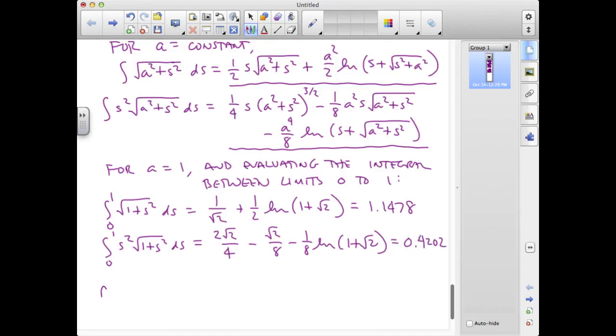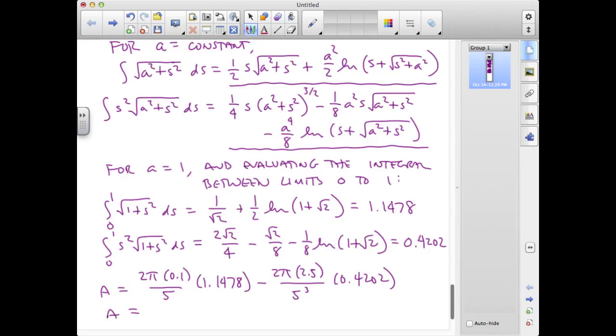So back to our area, we had 2 pi times 0.1 over 5 times now 1.1478 minus 2 pi times 2.5 over 5 cubed times 0.4202, and that number turns out to be equal to 0.09144 meters squared.